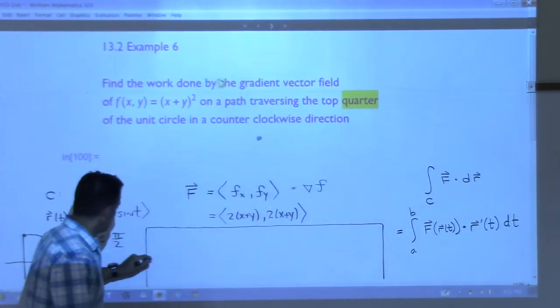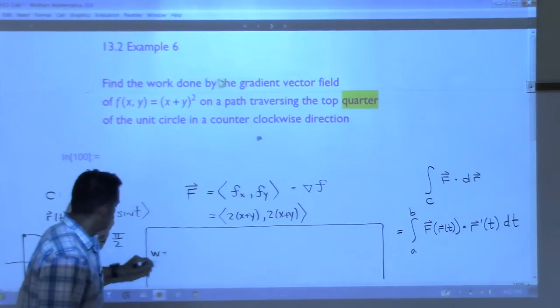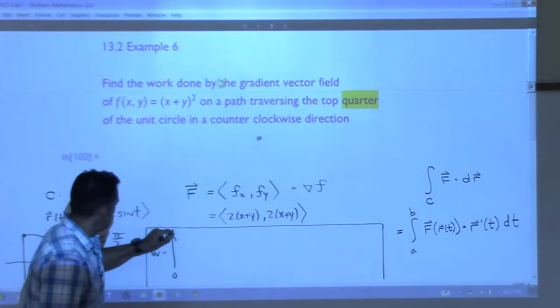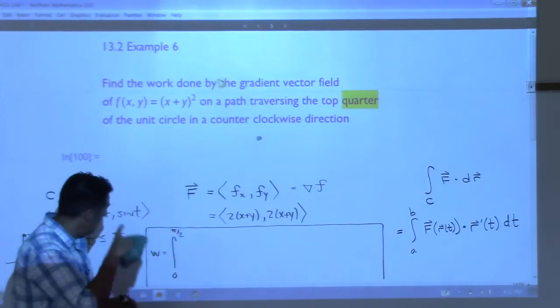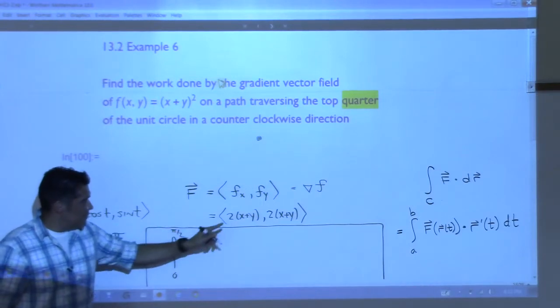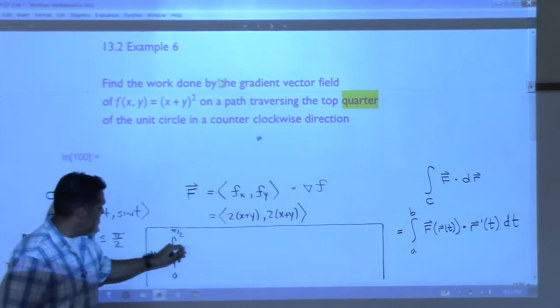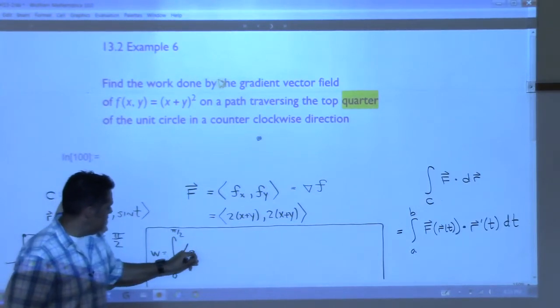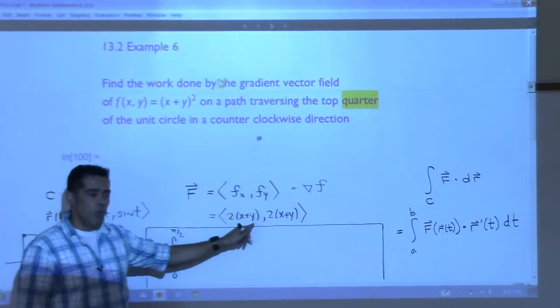All right, so the work done will be equal to the integral from 0 to pi over 2. So as a vector though, right? This is a vector. It's the vector 2x plus y comma x plus y.